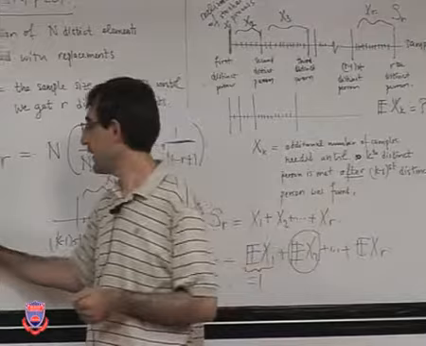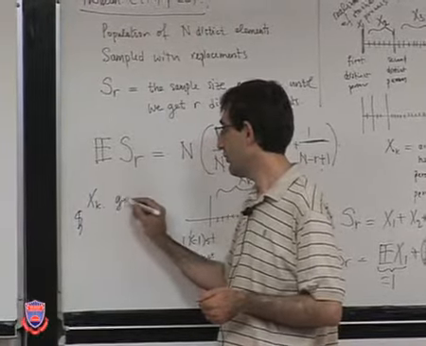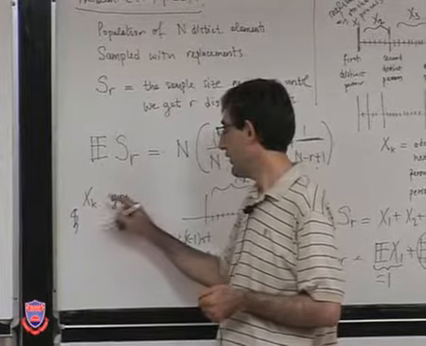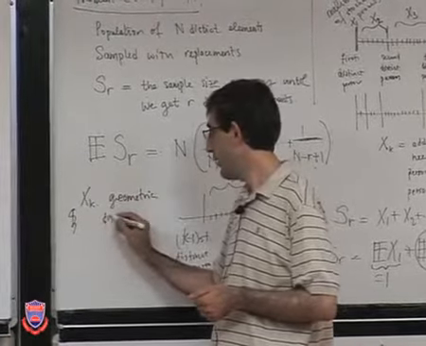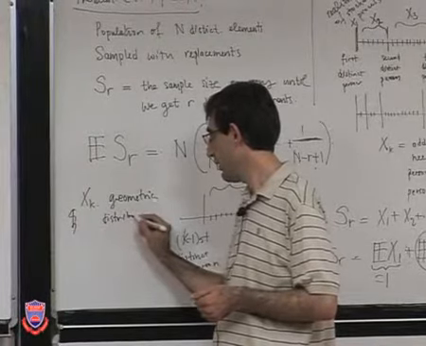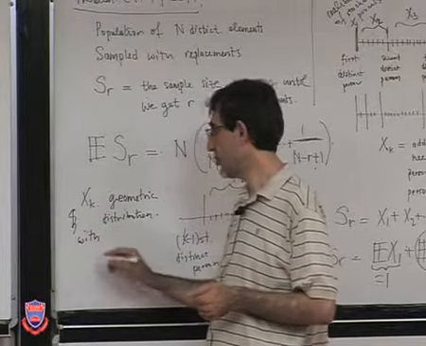So what is that success probability? For xk, we now agreed that xk has a geometric distribution. Now we have to identify the success probability.